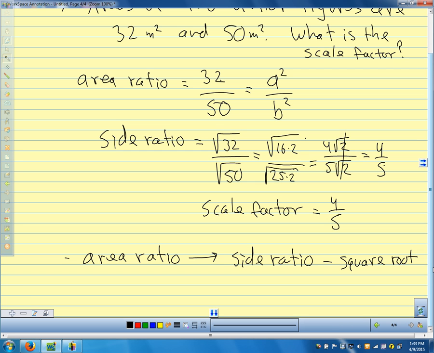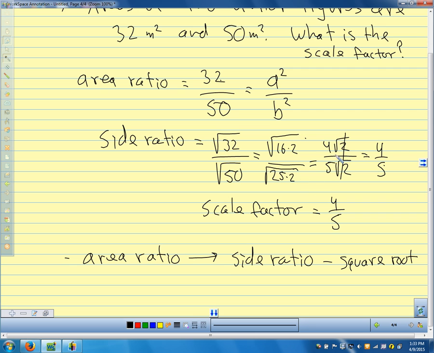So we can go either way. We can go from the side ratio to the area ratio and back to the side ratio. From side to area we square, area to side we square root. What if this problem asks us to find the ratio of the lengths of the diagonals? What would that be? The side ratio.